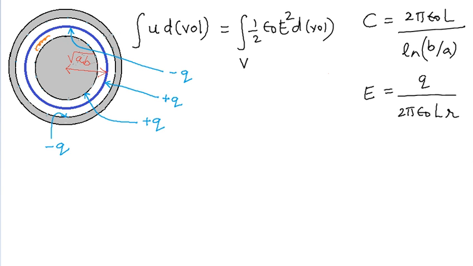Now we will proceed to prove that the electric field in this region is the same as the electric field which existed in that region when this intermediate cylindrical shell was absent, and the only charges which were present were plus Q on the inner cylinder and minus Q on the outermost cylinder. Clearly, the electric field in the gap that we are talking about will be in the radially outward direction, like this.